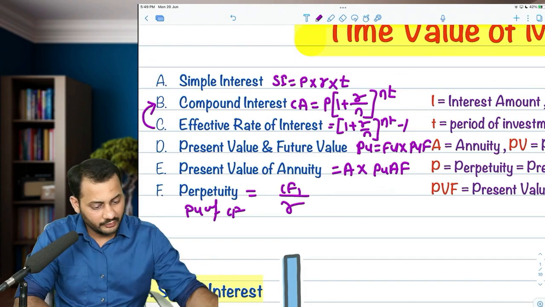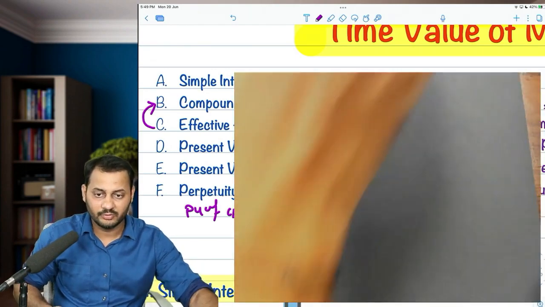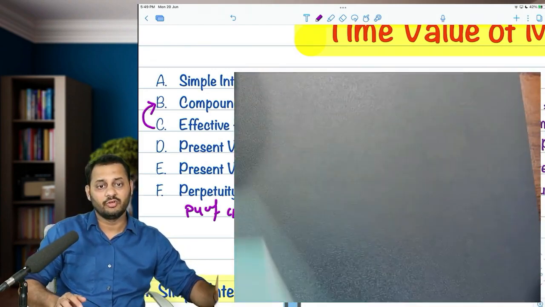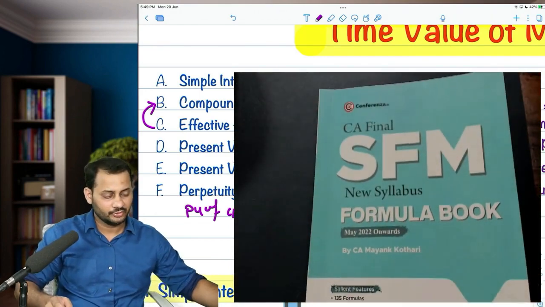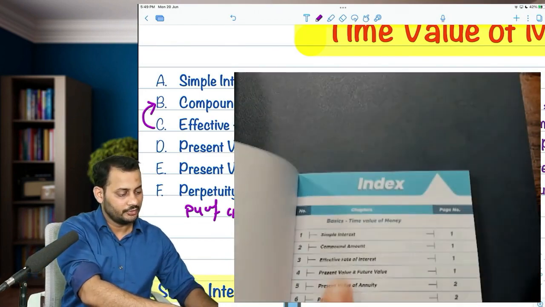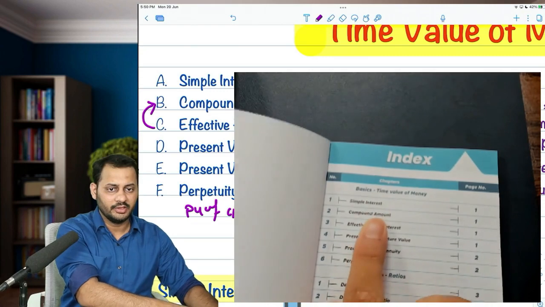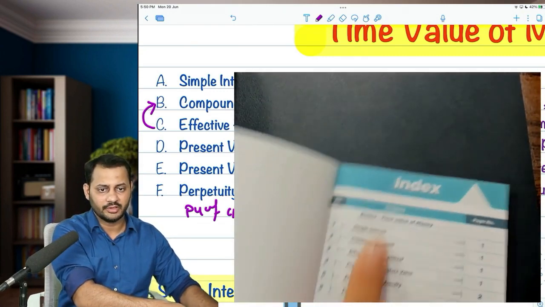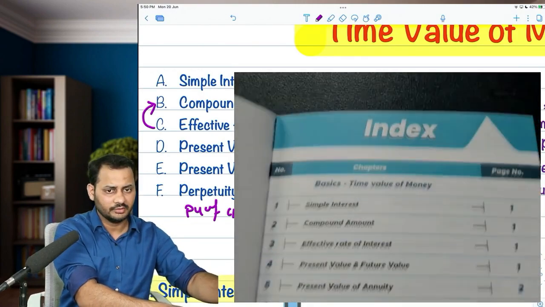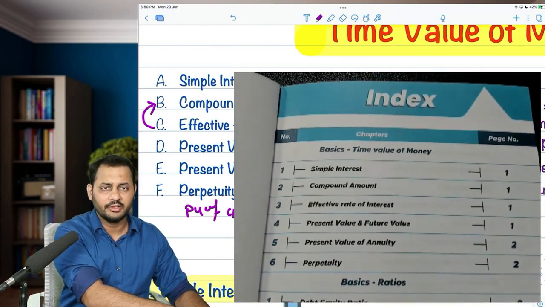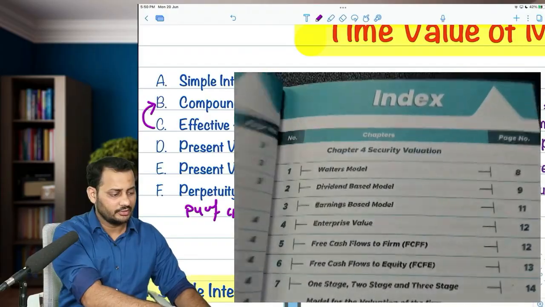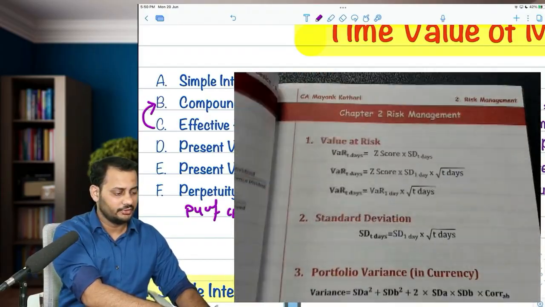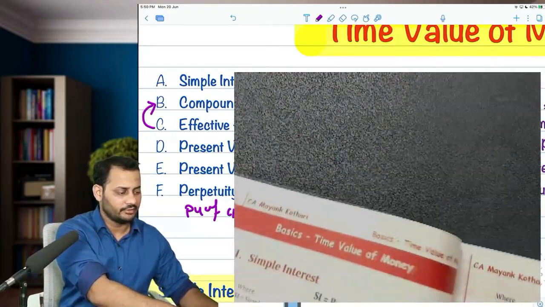Now from now onwards, what you have to do is revise these formulas again and again from the formula book. If you go through the formula book, you will see that under the time value of money, we have given all the formulas: simple interest, compound amount, effective rate of interest. Okay, can you see it? All the 6 formulas are there, and if we turn the page, we will find that here.